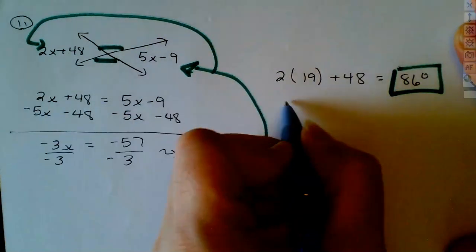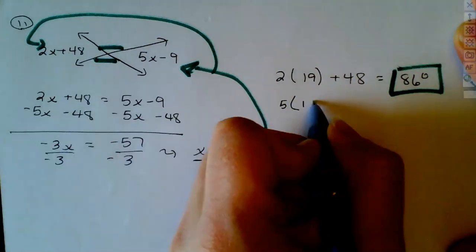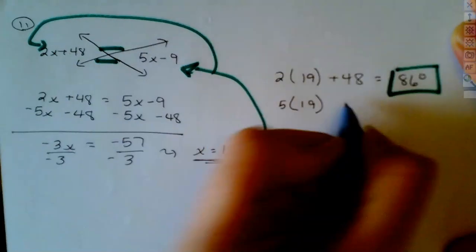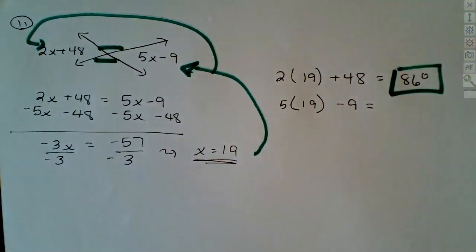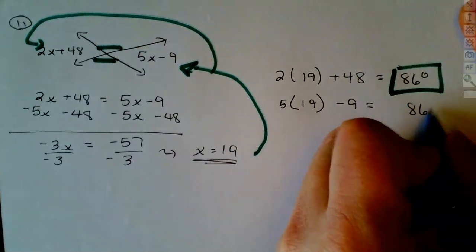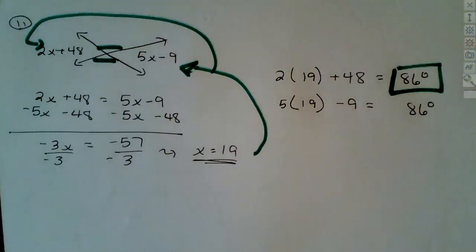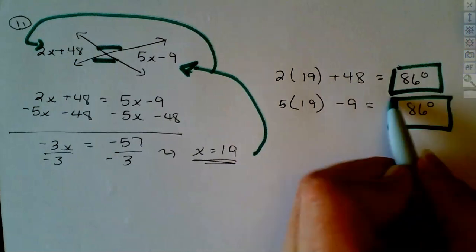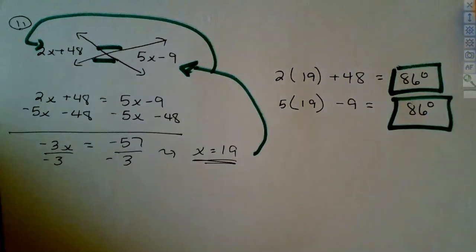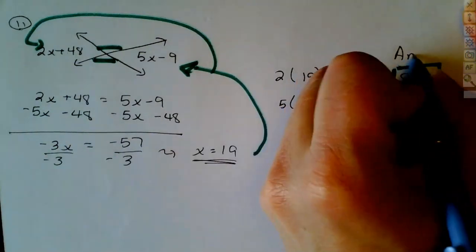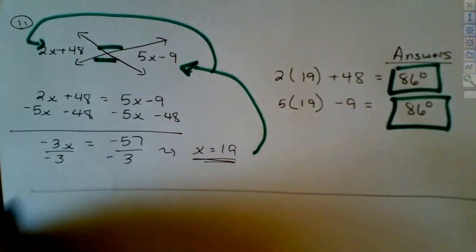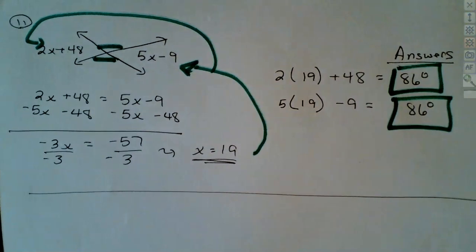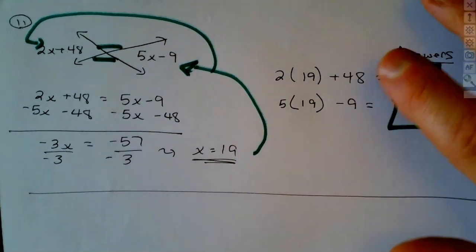It's going to be 5 times 19 minus 9. 5 times 19 is 95. Minus 9, that equals now the same 86 degrees. So those are the answers right here. So make sure that you don't just stop at the x, you have to work it completely out.